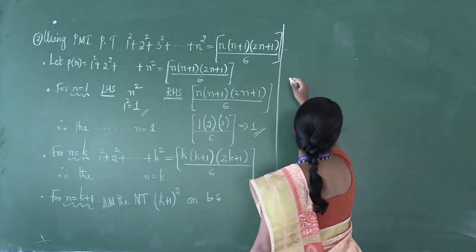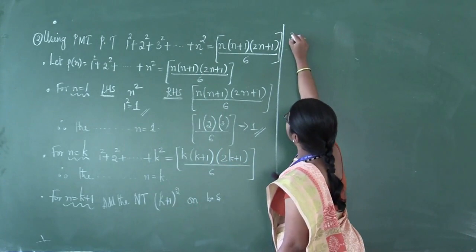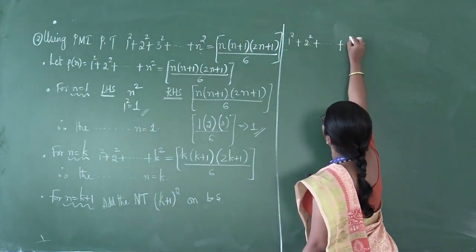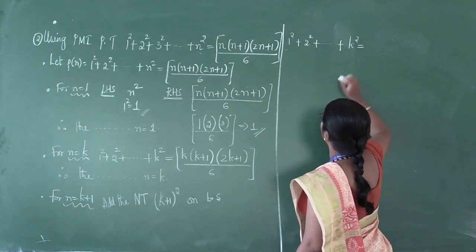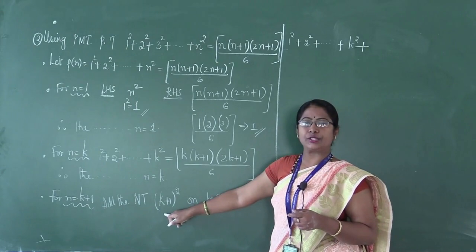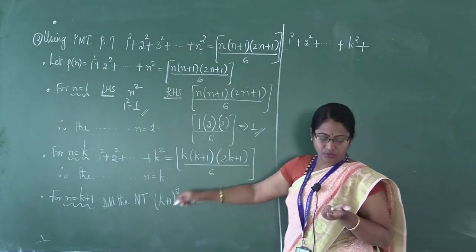So, what does the given question become now? 1 square plus 2 square etc. plus k square plus, which is the next term to be added on LHS and RHS? k plus 1 whole square.